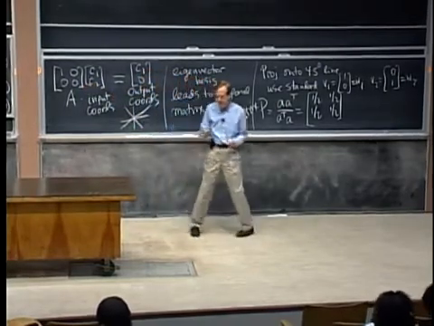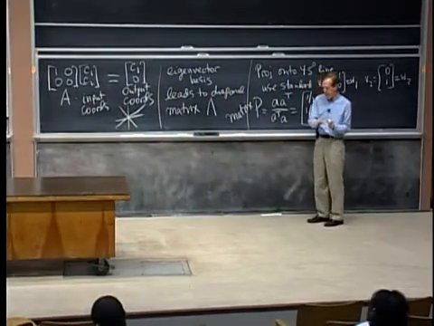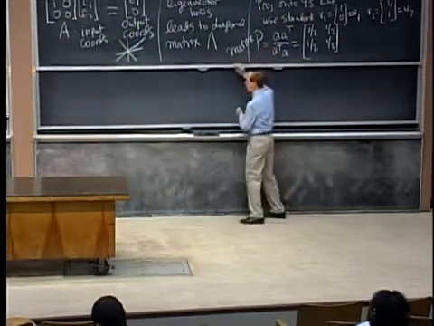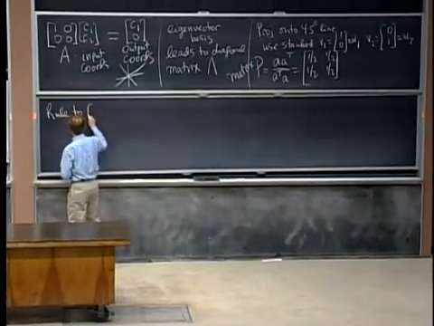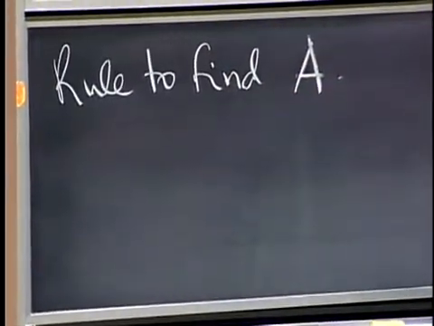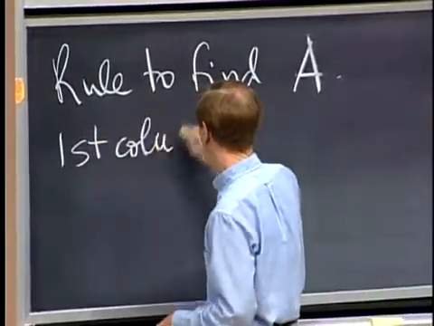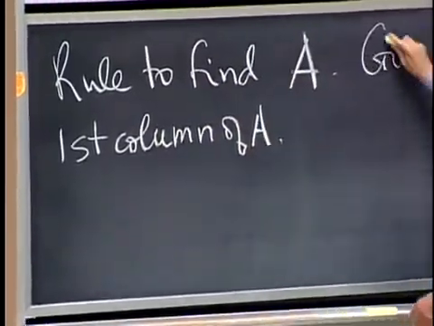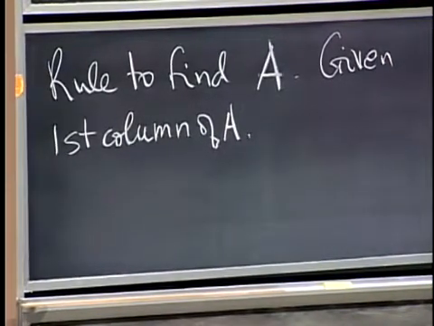So that's the idea then. Do you see now how I'm associating a matrix to the transformation? I better write the rule down. The rule to find the matrix A. All right, first column. So, rule to find A. We're given the bases. Of course, there's no way we could construct the matrix until we're told what the bases are.